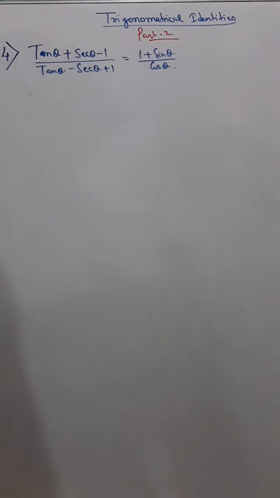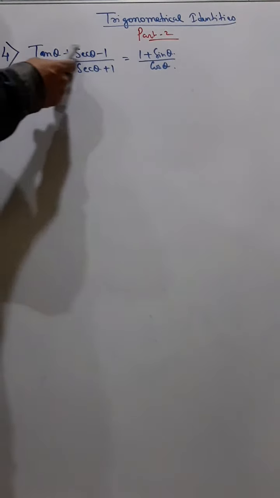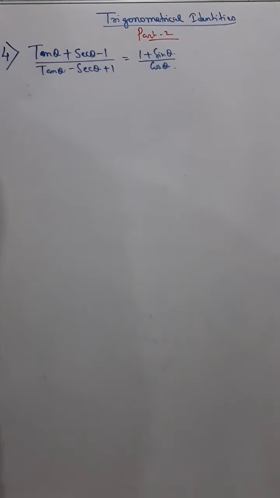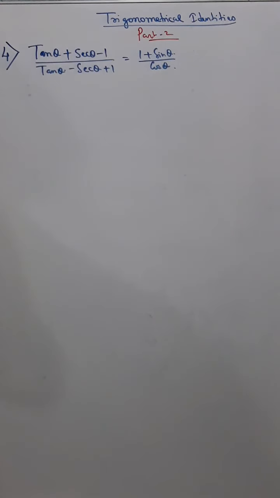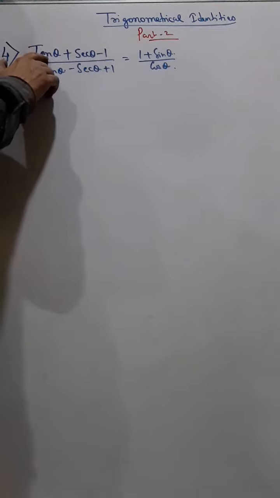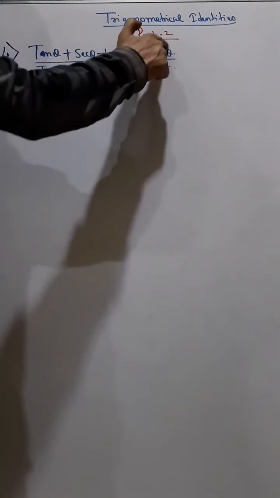Now see in this sum, it's given (tan theta plus sec theta minus 1) by (tan theta minus sec theta plus 1) is equal to (1 plus sin theta) by cos theta, right? Now when you see the sum, the first instinct is to convert everything into sine and cos, because the right hand side is sine and cos.